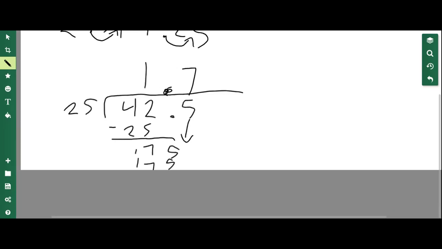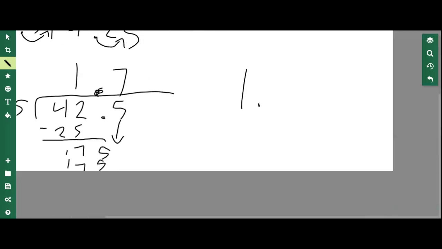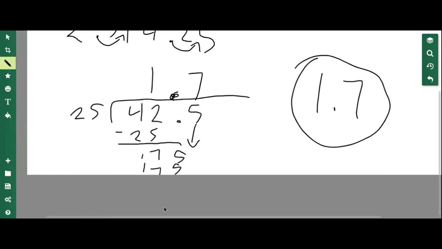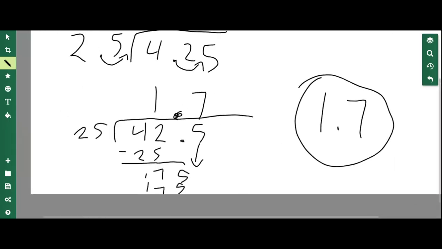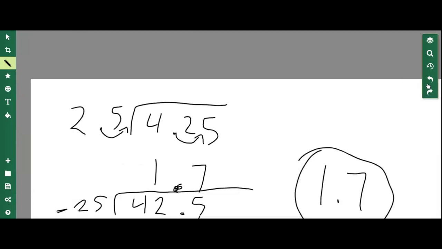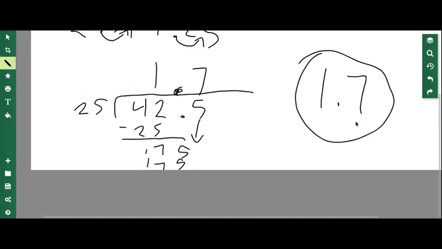And now my answer is going to be 1.7. And the rules of multiplication and division stay the same, right? Let's say if this was a negative, since they're 2 different signs, then at the end it's still going to be a negative. But in this case, that's how we divide real numbers.